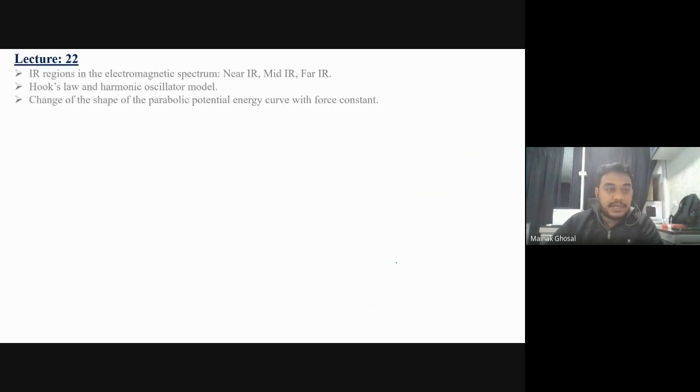In lecture 22 there was first a mention of where the IR region is in the electromagnetic spectrum.